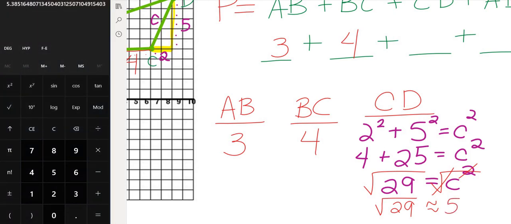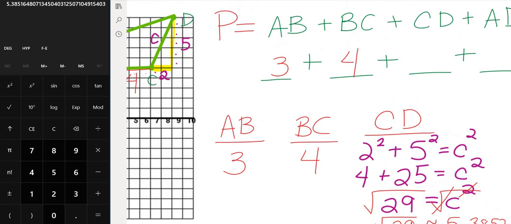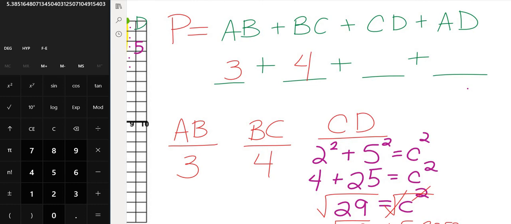I want to go at least 3 decimal places, usually 4. So it's approximately equal to 5 point something. But in my little graphic organizer that I've created here, I'm going to leave it as square root of 29, because I'll let the calculator do all the work.